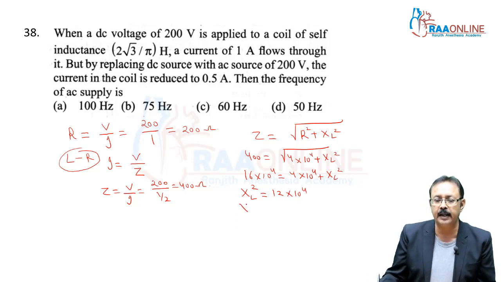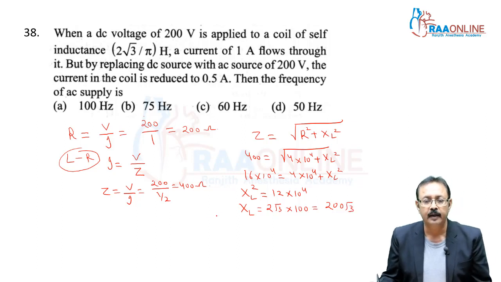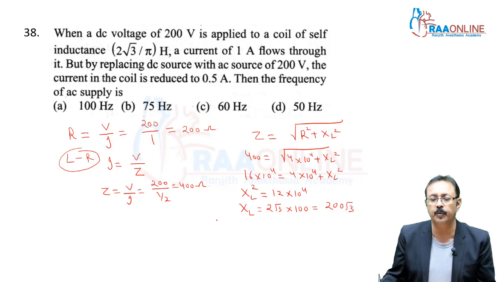It means XL should be square root of 12, means 2 root 3 into 10 to the power 2. So what we are getting? 200 root 3. But what is XL? XL is omega into L. Omega is 2 pi F.